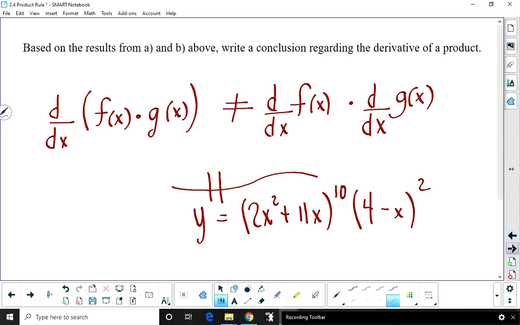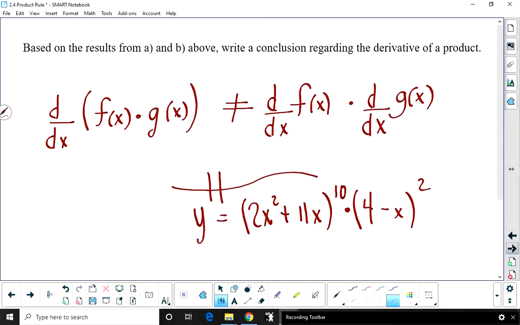And if all you rely on is the rule we learned yesterday, which is every term has to be number x number, then you're going to have to take 2x squared plus 11x, and I don't care whether you know the binomial theorem or not, nobody wants to expand that out raised to the 10. And then to boot, you're going to multiply it by 4 minus x a couple times. So what you're going to end up having to do is find the derivative of this product. And you have to know the rule.